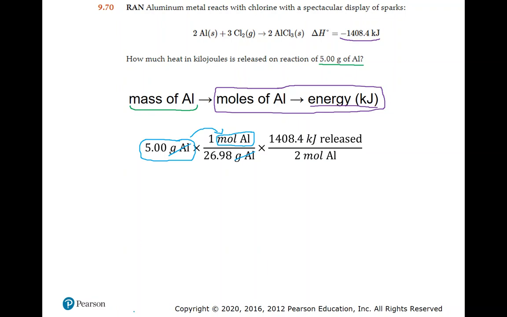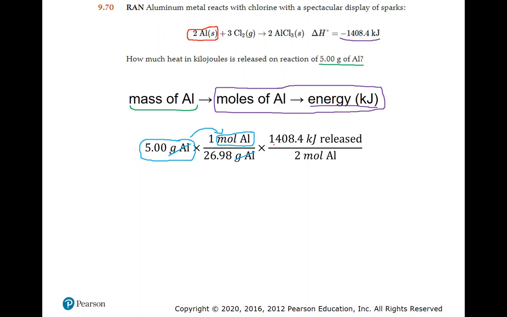Now, this example is perhaps a little bit more interesting because notice that this enthalpy change here is associated with 2 aluminums in the reaction. And specifically in this context, that means that when 2 moles of aluminum react, we're going to get negative 1,408.4 kilojoules. So we need to take this coefficient into account when we use our enthalpy change here.